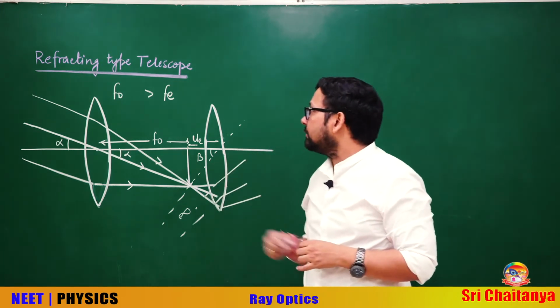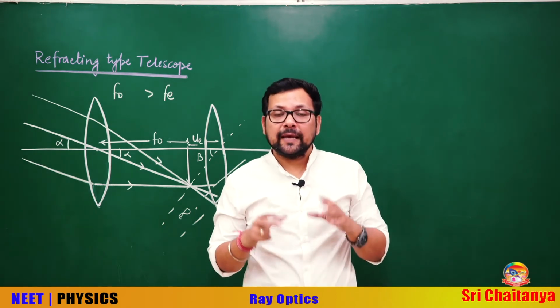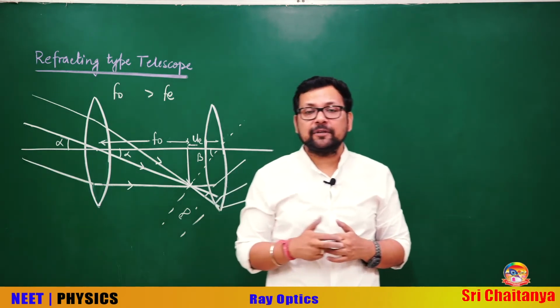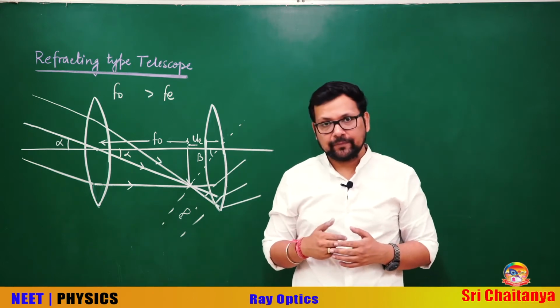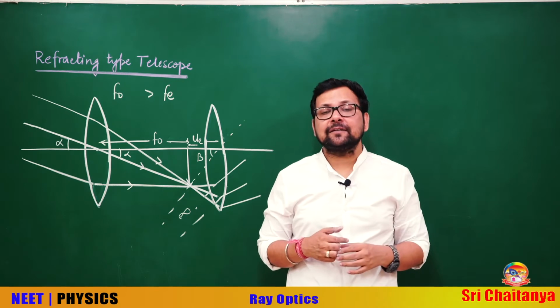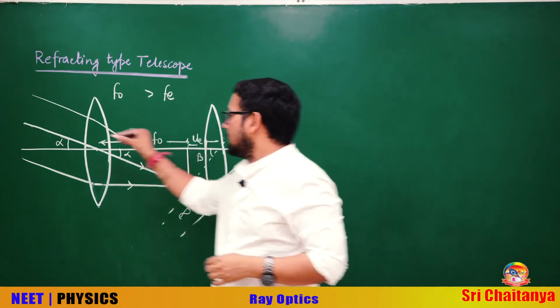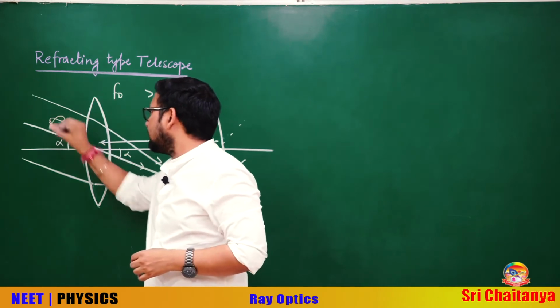See, the telescope, you know, is used to form a magnified image of distant objects. Distant objects mean, in general, rays are coming from infinity. You can see here, rays are coming from infinity.